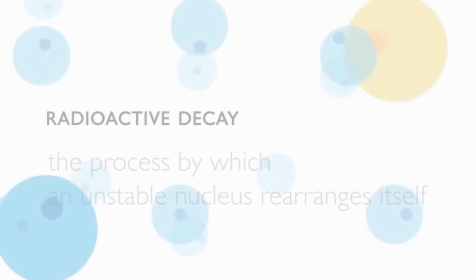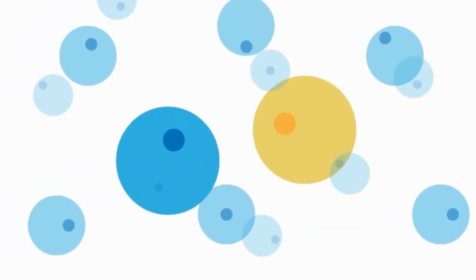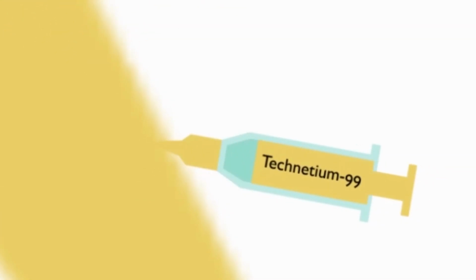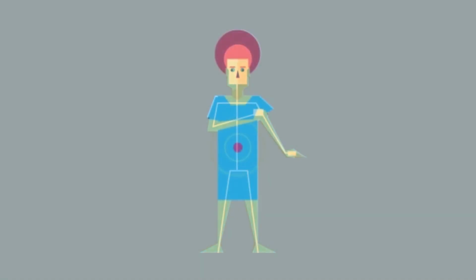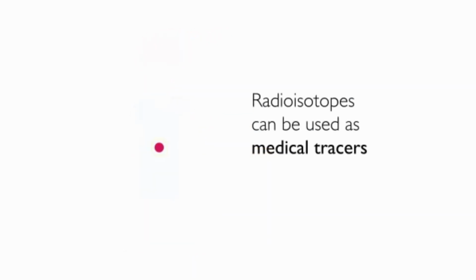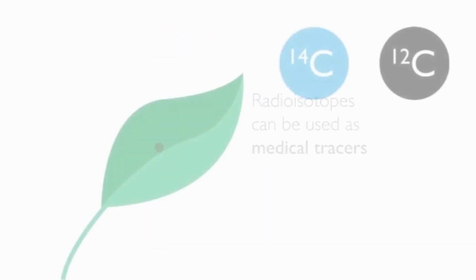Radioisotopes are often used in medicine to trace aspects of body chemistry or blood flow. For example, a small amount of the radioisotope technetium-99 may be injected into the bloodstream to show up on medical imaging and X-rays, and this is known as a medical tracer. Tracers can be used by chemists to understand how a reaction works.